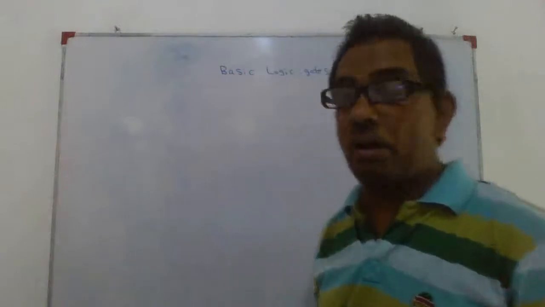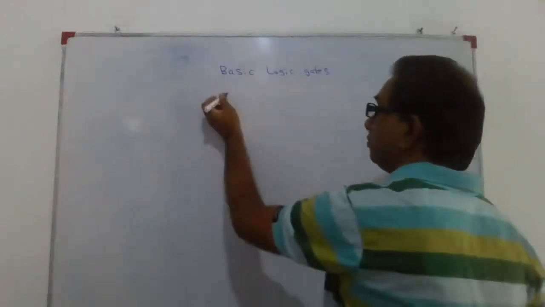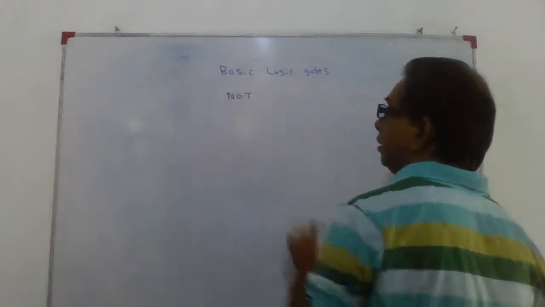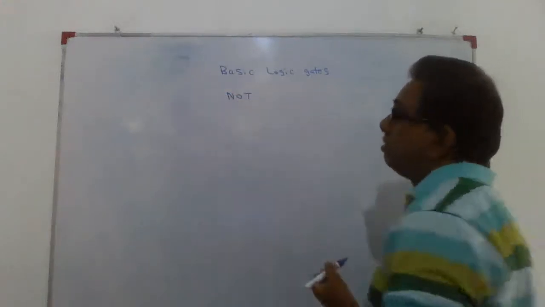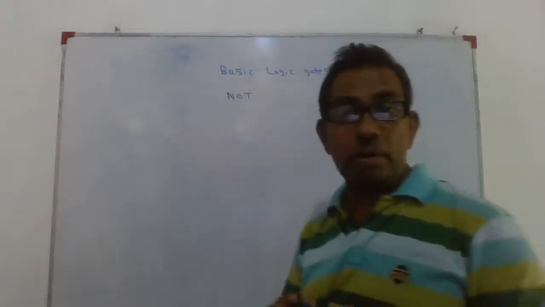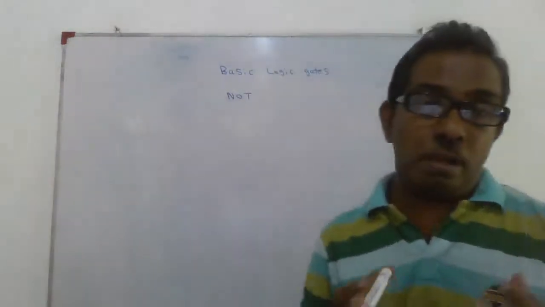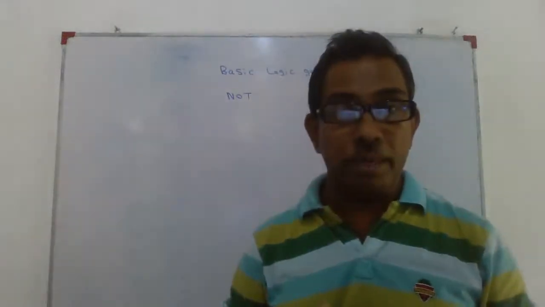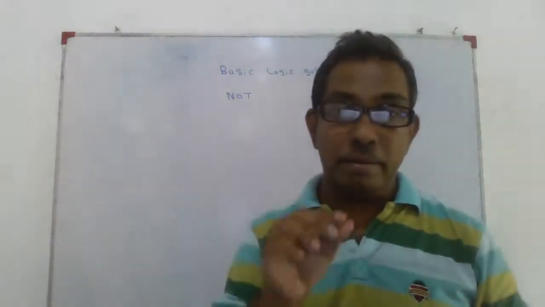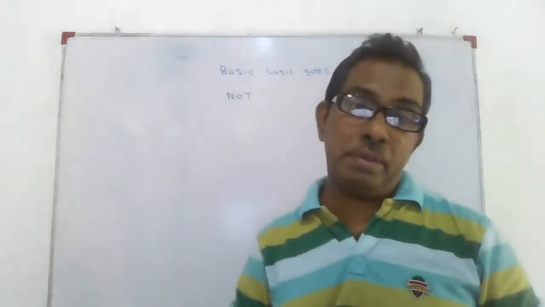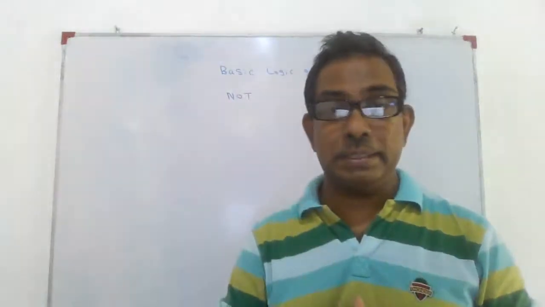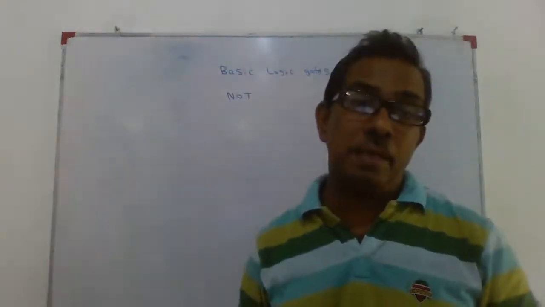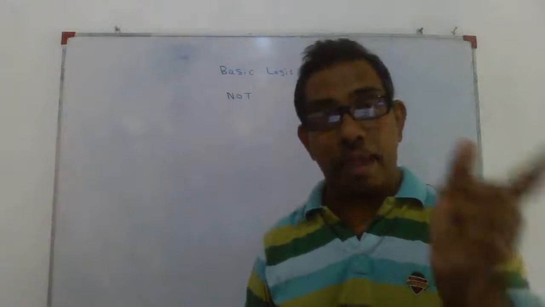First one is called NOT gate. I don't need to discuss all the things about NOT gate here, but I explain a few things. One important thing is the NOT gate has got a single input and a single output.